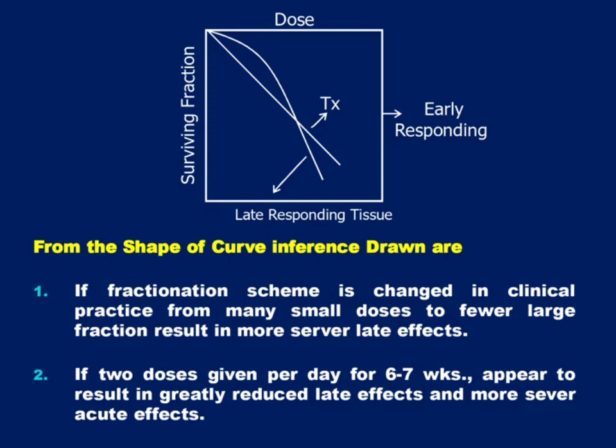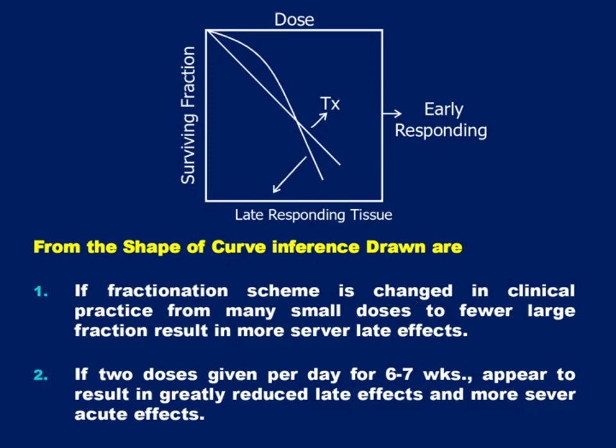So the extra dose required to counter proliferation will be different for early responding as well as late responding tissues. For early, you see here in the mouse experiment, days after the radiation, the early reaction was at 14 days and the late reaction was observed at 42 days.